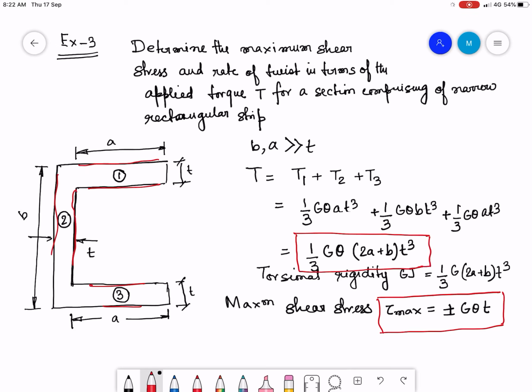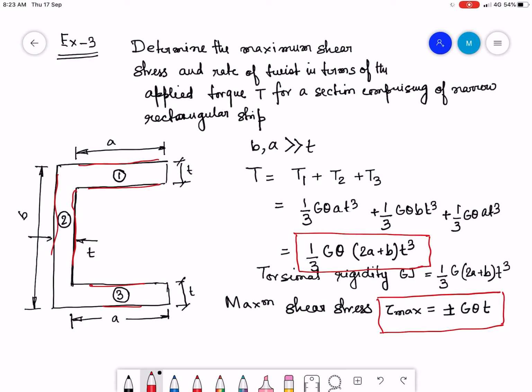Fine. So now we understand that if we have any open cross section consisting of thin rectangular cross sections, we can very easily find out the torsional rigidity of that section.